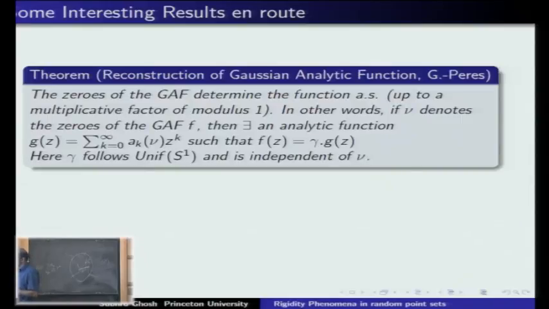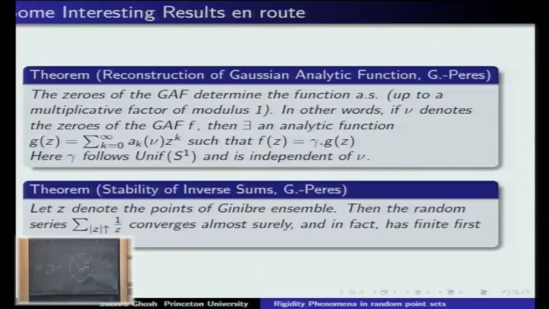So essentially, it is not possible to recover gamma from the zeros. Can you just put it equal to 1, or why does it have to be random? The point is that you cannot tell this gamma from the zeros, because if f(z) is distributed as this Gaussian entire function, then gamma times f(z) also has the same distribution.